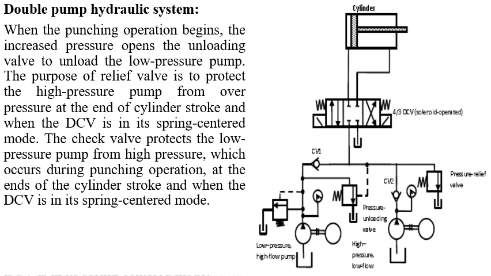Because of these two, the operation is carried out in a controlled manner, and to unload the low pressure high flow pump, there is a pump unloading valve. When it unloads, the pump becomes free from damages. Okay, this is the working of the double pump hydraulic circuit.